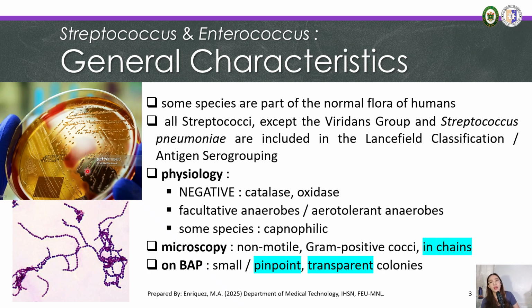So the main descriptions that we need to remember is that they are gram-positive cocci. Anong arrangement? In chains. Next, kung colony morphology ang ino-observe, anong description yung kailangan natin tandaan? They are pinpoint and transparent or translucent.